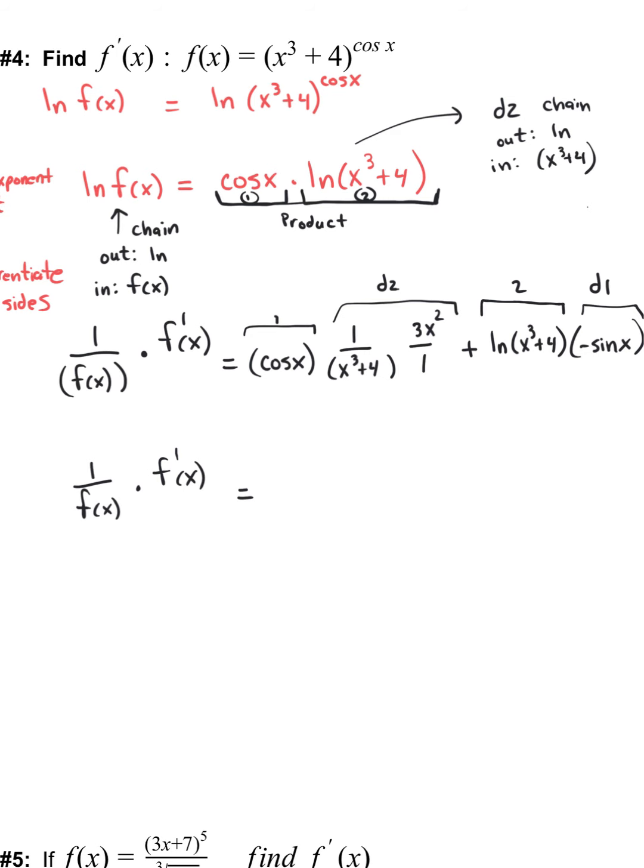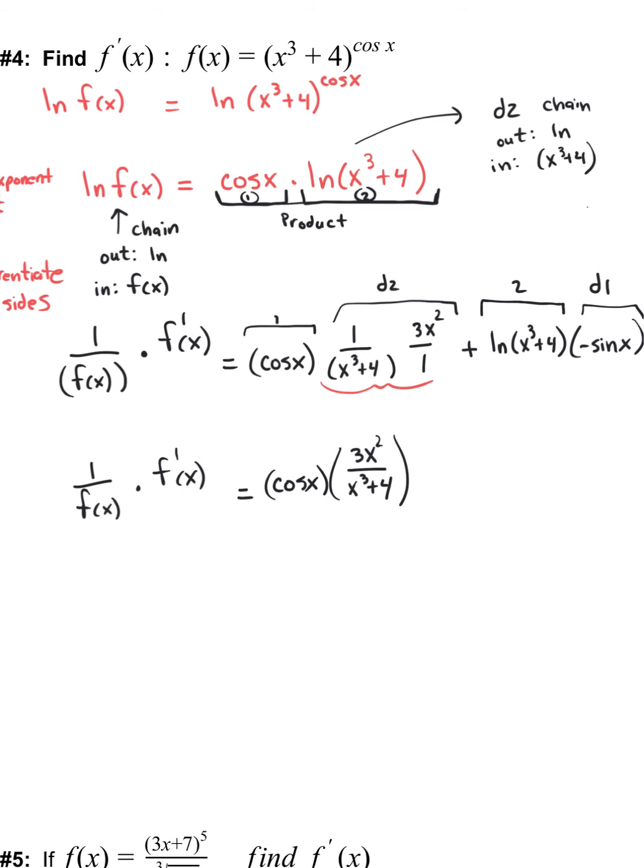I'm going to leave the cosine of x alone, but I'm going to write this as 1 fraction. So that's going to be on top 3x squared, and on the bottom x cubed plus 4. Okay, so there we go.